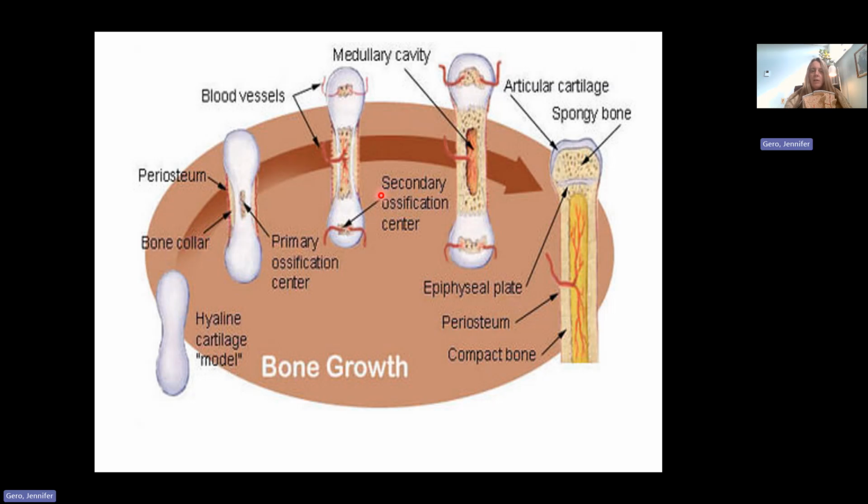And then there are secondary ossification centers here, as you can see, where that cartilage template is getting replaced by bone. And then if we look at a mature bone here, we're left with the epiphyseal plate, or the growth plate, as well as the cartilage at the end here, which is the articular cartilage, which is going to provide that nice, smooth, frictionless surface.